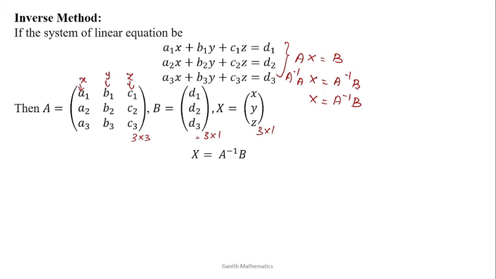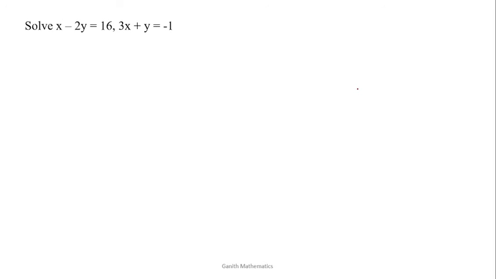Now I am going to teach you the same example which I taught you by Cramer's rule. We are going to solve the same problem by the inverse method. So the same equations: solve the system of equations by the inverse method. Solution: we need to find A. A is nothing but the coefficients of x and y.